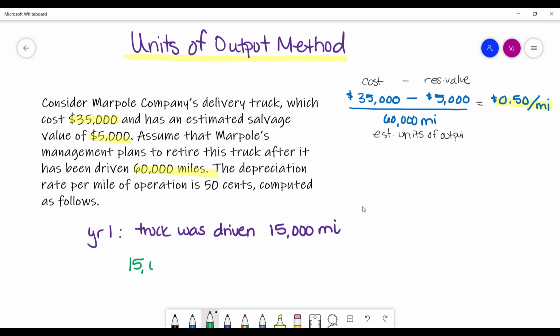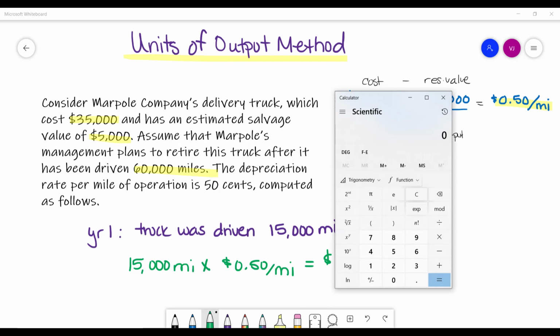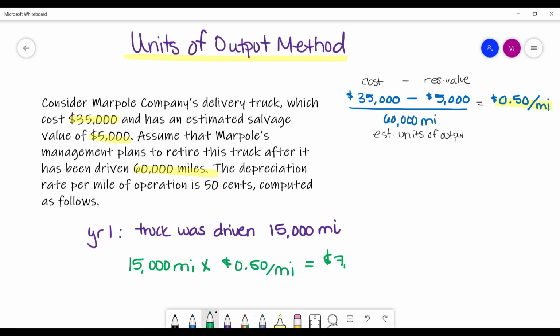We take the 15,000 miles multiplied by the depreciation rate of 50 cents per mile, and that's $7,500. So we have $7,500 of depreciation expense being recorded on this truck at the end of year one.